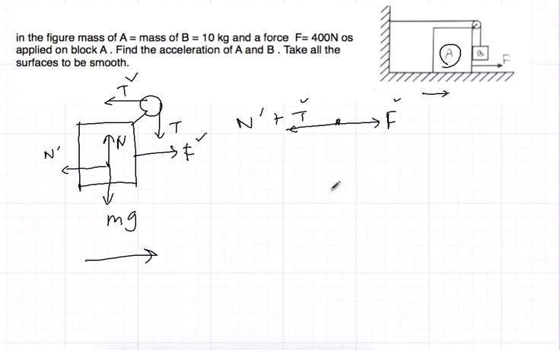So these are the forces. What can you write? F minus N dash plus T equal to mass times a, that is 10a.